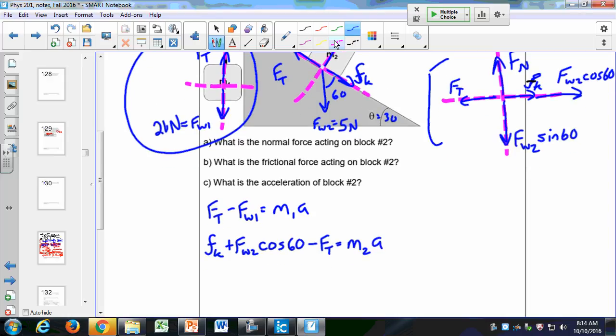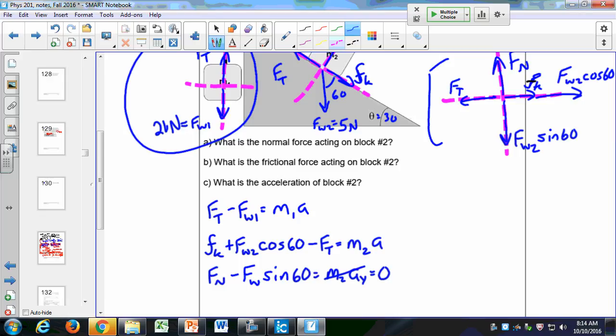Then I also have, in the y direction, Fn minus Fw2 sine 60 equals M2A, but this is in the y direction, so this is equal to 0. So I just get rid of that and say that it's 0. It'll always be 0 in the y direction.